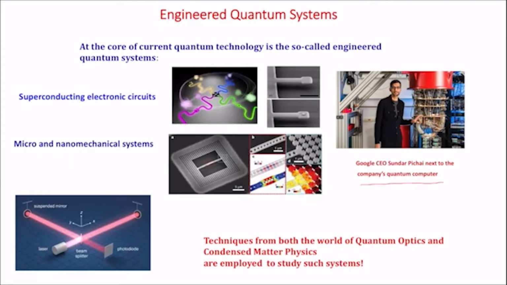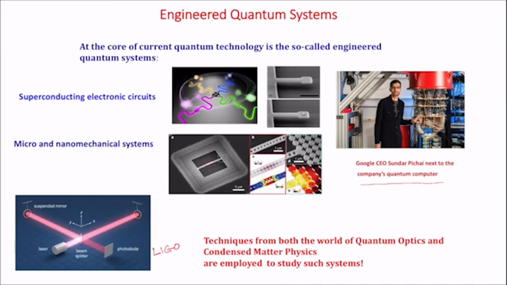Apart from superconducting circuits, we will study micro and nanomechanical systems. They are discussed under the umbrella of cavity optomechanics. These systems have numerous applications. In fact, LIGO, which is the abbreviation for the Laser Interferometer Gravitational-Wave Observatory, in reality is a large cavity optomechanical system.